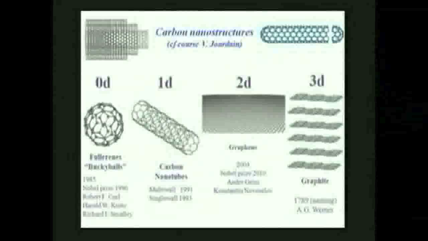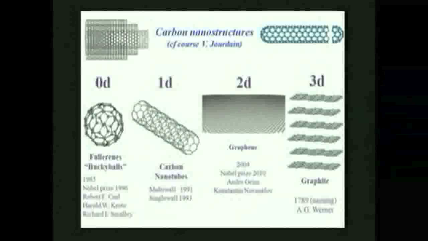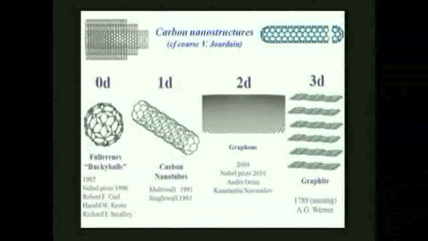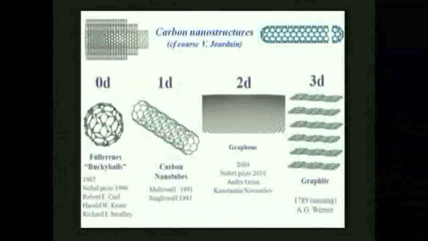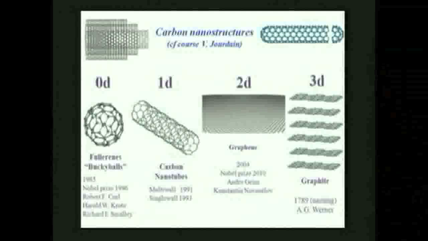So this is a recall of the course of Vincent Jourdain. So in the carbon world, you can find different kinds of structures and different kinds of dimensionalities. The oldest one, which is actually the only thermodynamically stable phase of carbon, is graphite.